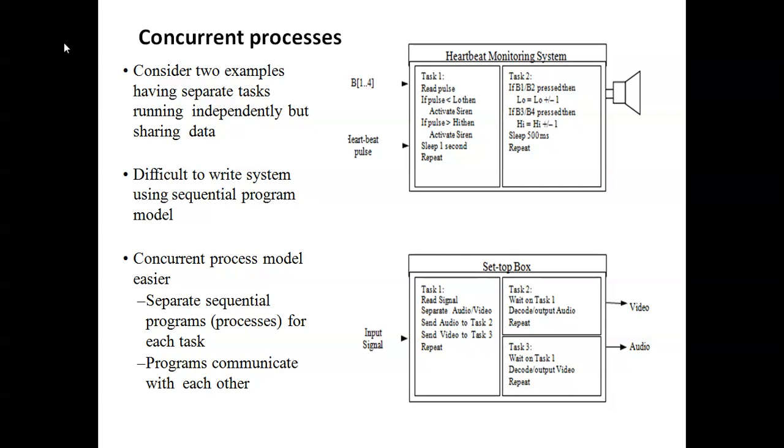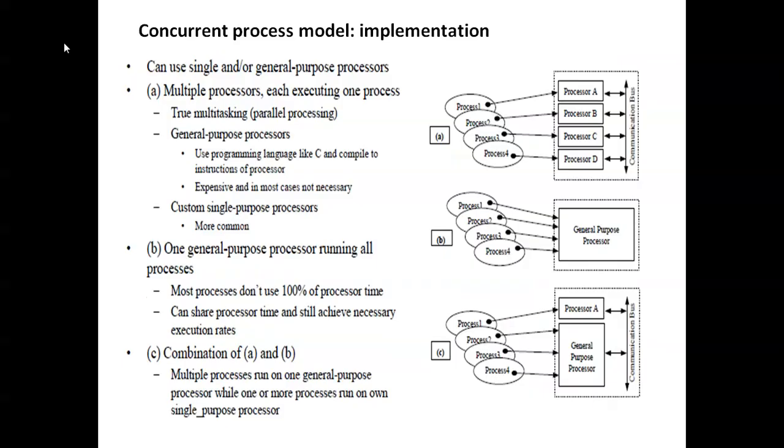The problem is that it is difficult to write in the sequential program model. Concurrent process model implementation: there are three ways.